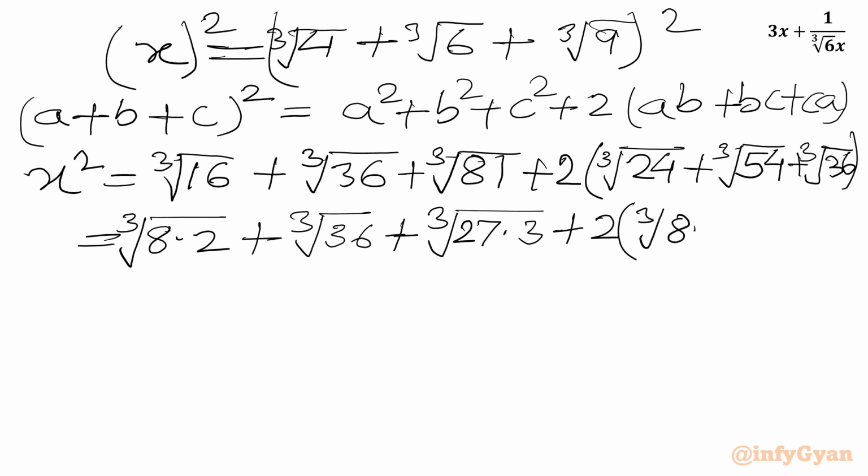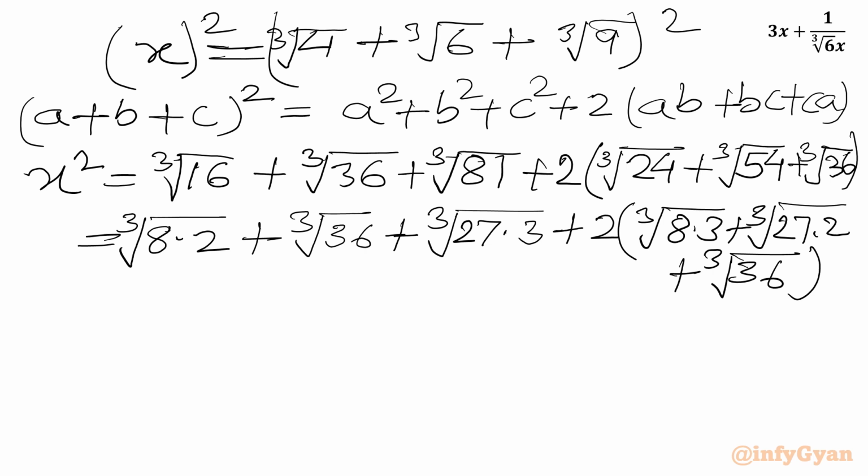We can write 8 times 3. 54 we can write 27 times 2. And then we have cube root of 36. Now cube root 8 is 2. Cube root 27 is 3. So we will use that.